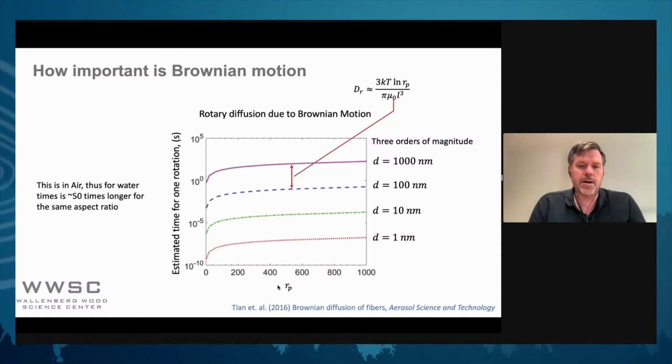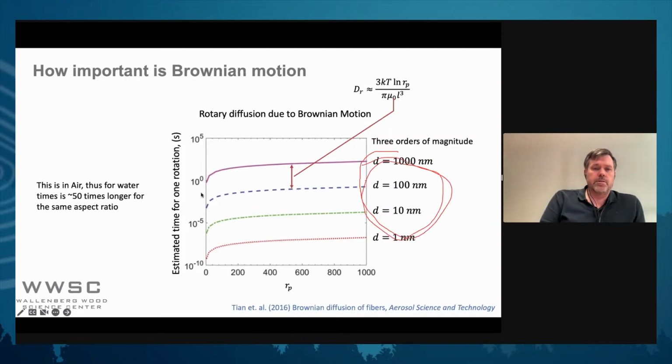This is from Tian et al, looking at Brownian diffusions of fibers in air. And what we have here is, to the right, a set of diameters, given by their simulation of nanoparticles. And then we have the estimated time for one rotation in seconds.